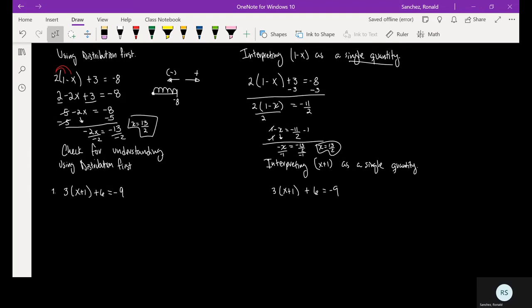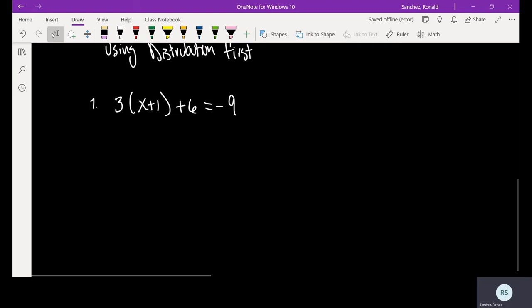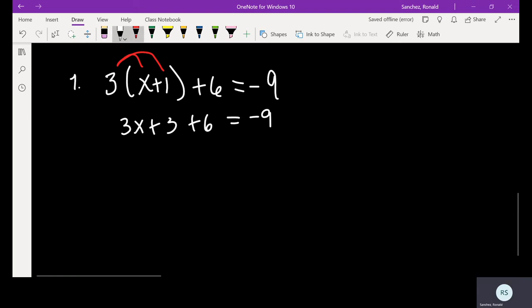Okay, so hopefully you paused the video. I'm going to solve this first problem using distribution. So I'm going to distribute that 3. 3 times x is 3x. 3 times 1 is positive 3. Plus 6 is equal to -9. What do I do now?